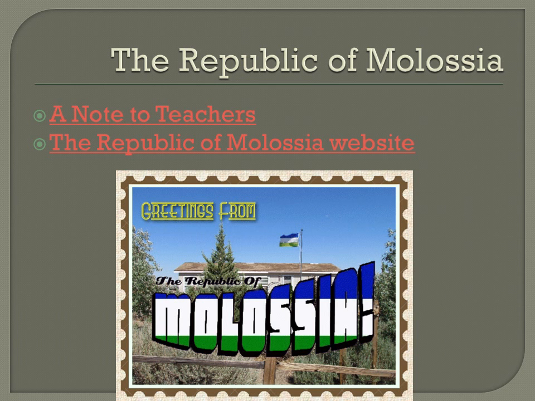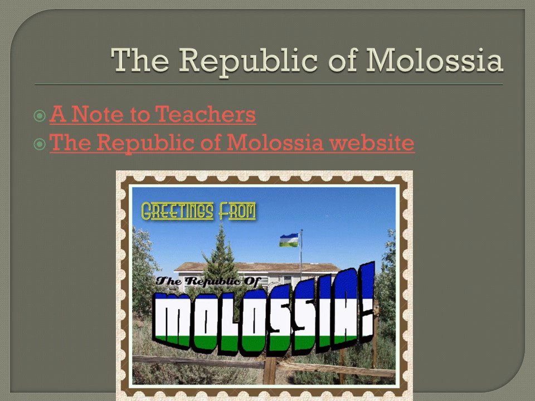Or is there? So let me introduce you to the Republic of Malaysia, which claims to be a, quote, sovereign independent nation. Notice they did not say a sovereign independent state. And they claim it is a, quote, tiny enclave in the state of Nevada.